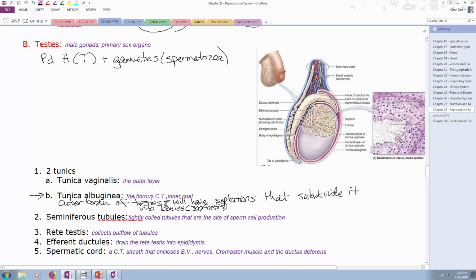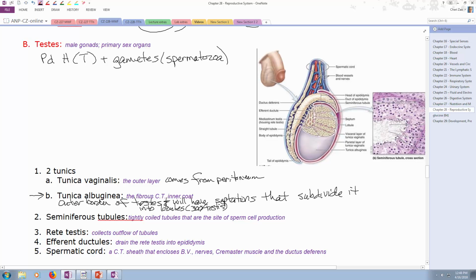The tunica vaginalis is the outer layer that comes from the peritoneum. And this is, we'll stop there with this description.